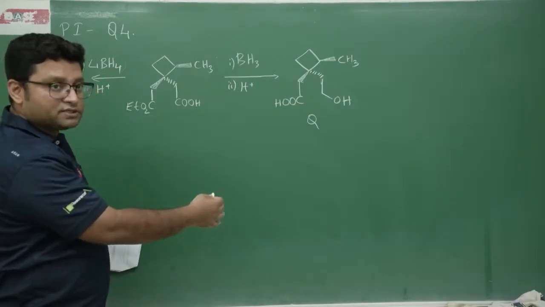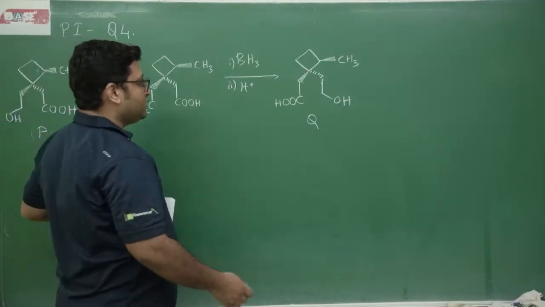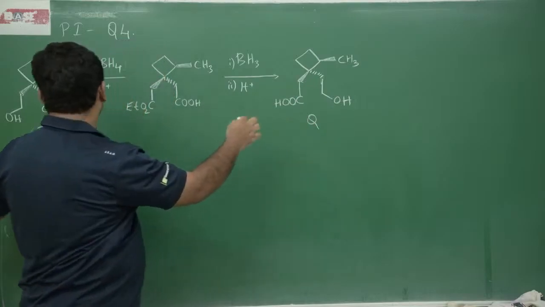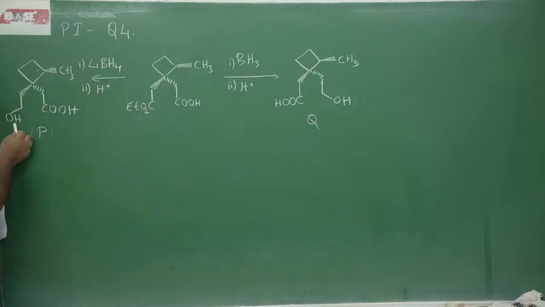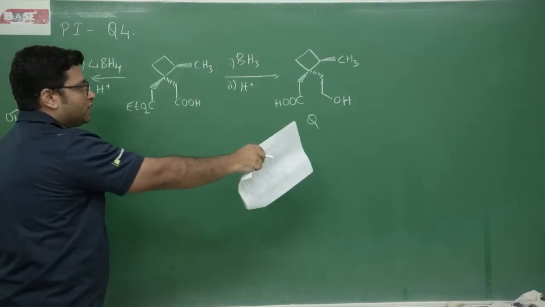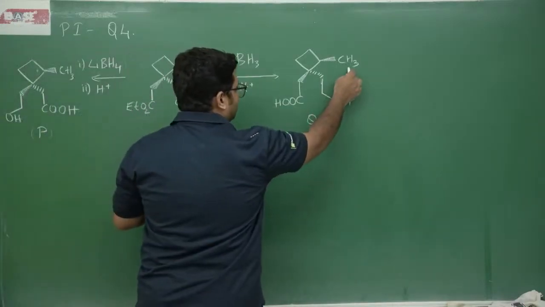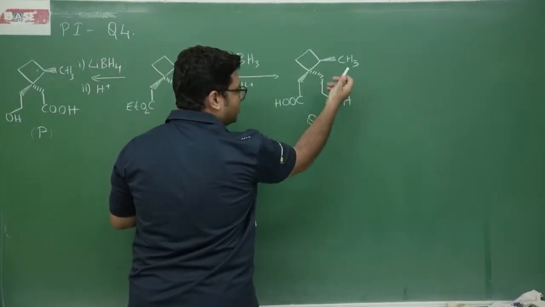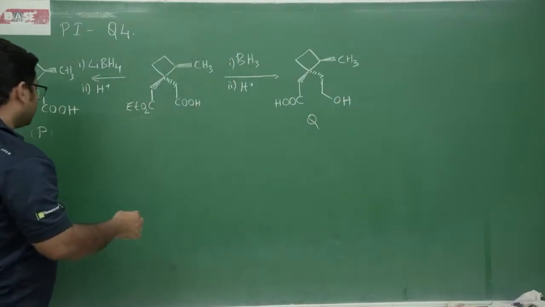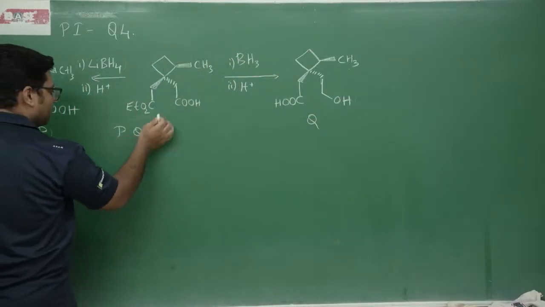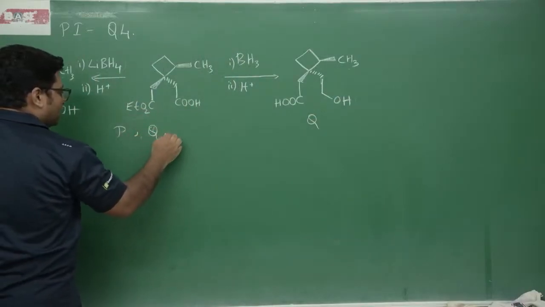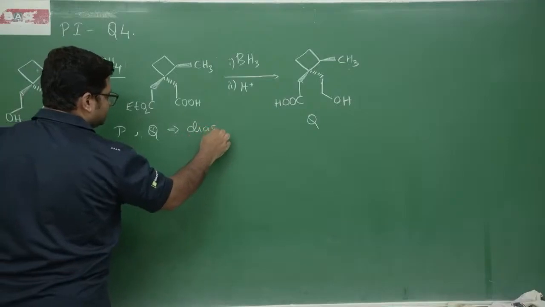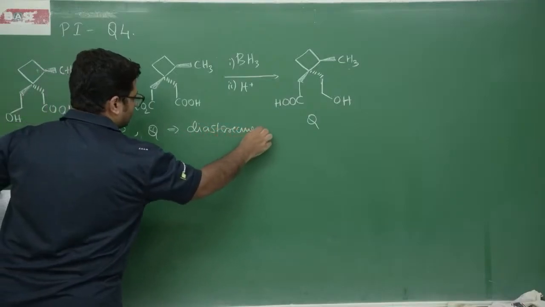You can't name them as cis-trans, you can use EZ here, but they are geometric isomers. So I repeat, the branch holding the functional group OH and the methyl group here are projected on the same side of the ring, while on the other side the methyl group and the OH-functional branch have orientations on the opposite side. They are diastereomers. P and Q are diastereomers.